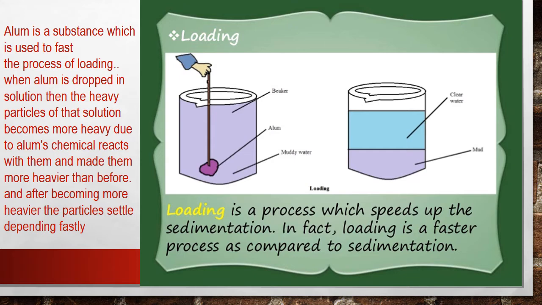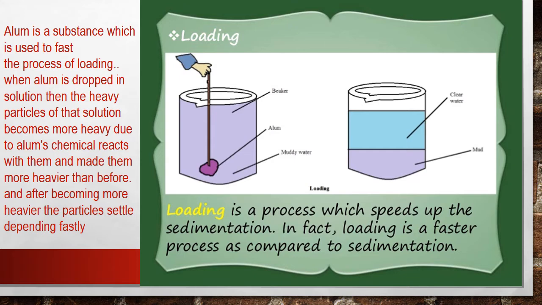As you can see in the picture, the definition here: loading is a process which speeds up the sedimentation. How does it speed up? Because it provides load to the light particles, so that these particles will settle down quickly. As the alum is providing load to the fine particles, that is the reason this process is known as loading.